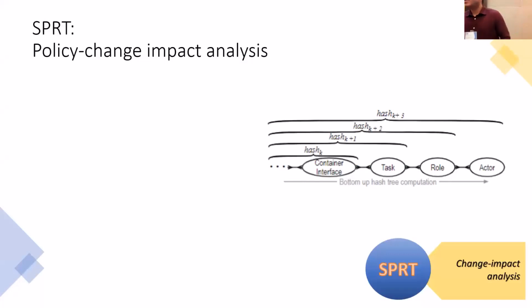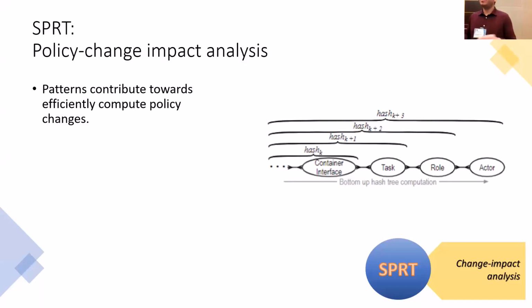Now, for the policy change impact analysis part. In our framework, because we are using graphs, it organizes permissions into patterns and relationships between those patterns to inherit permissions. This inheritance structure can be thought of as a tree where resources form the leaves and users are at the root of the tree.